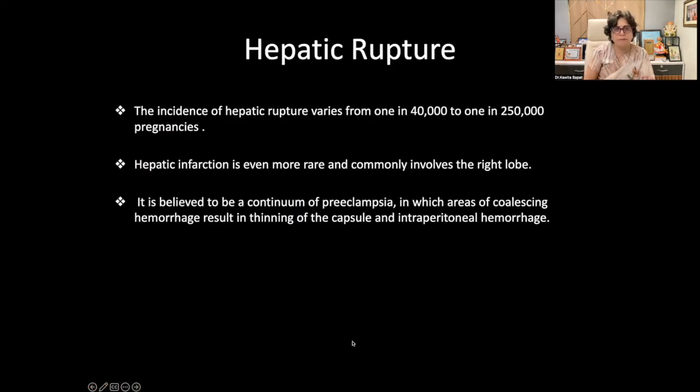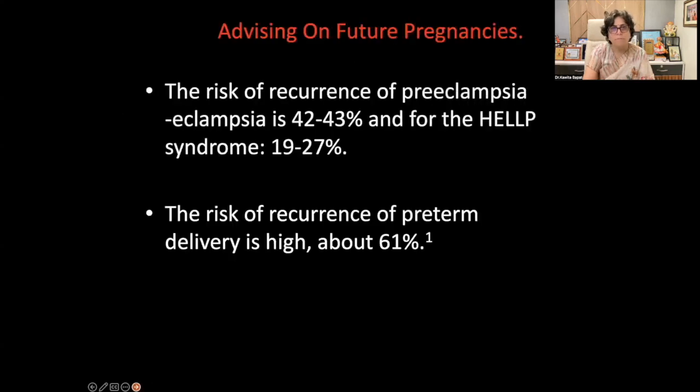Now, hepatic rupture. The incidence of hepatic rupture varies from 1 in 40,000 to 1 in 250,000 pregnancies. So the chances are very, very less. Infarction is even more rare, and it's believed to be a continuum of preeclampsia, or hemorrhage resulting in rupture of the capsule, and intraperitoneal hemorrhage can occur.